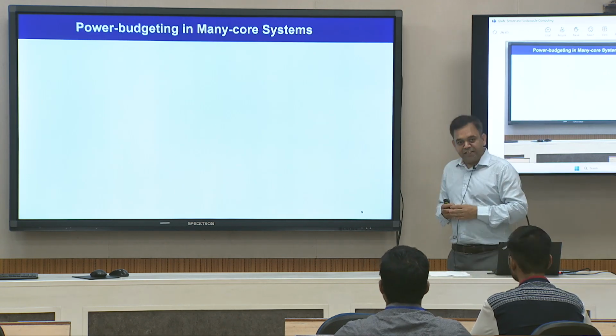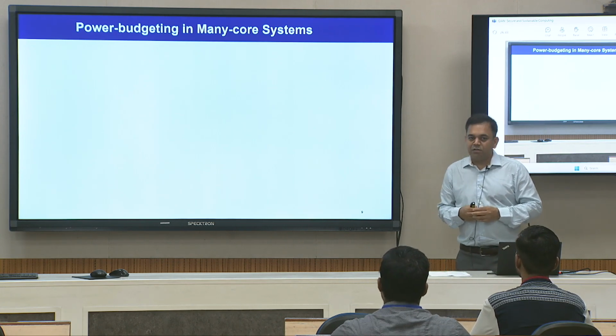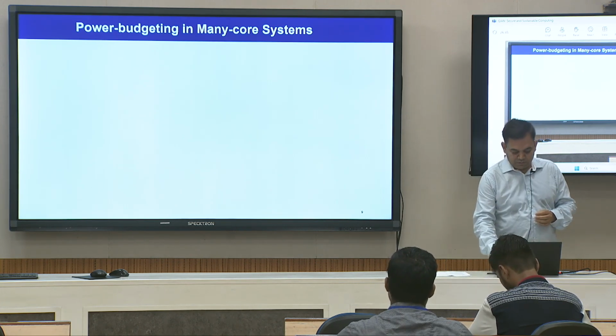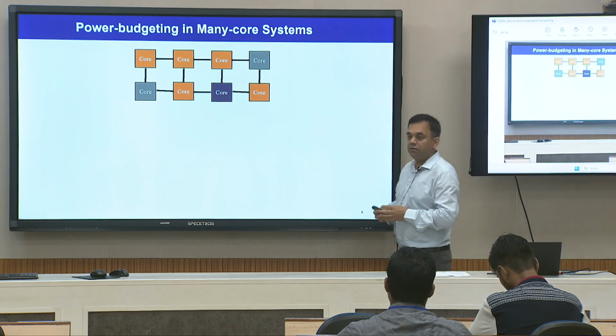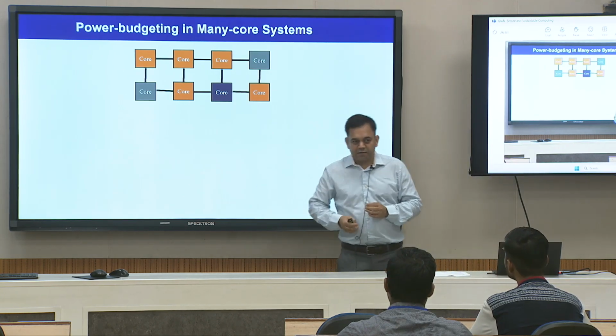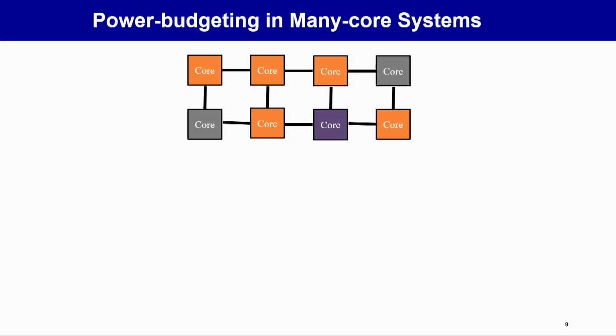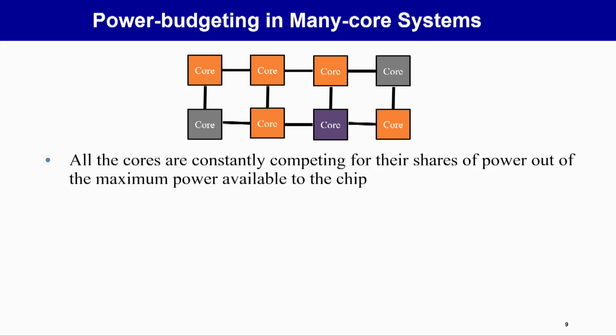So what is power budgeting in many core systems? First, let's look at some introduction. Like I said, this could be a processor in your smartphone, like an 8-core processor. Many core means there are like 8 or 10 cores. So what is power budgeting here? All the cores from 1 to 8 are constantly competing for their shares of the maximum power available for the chip.